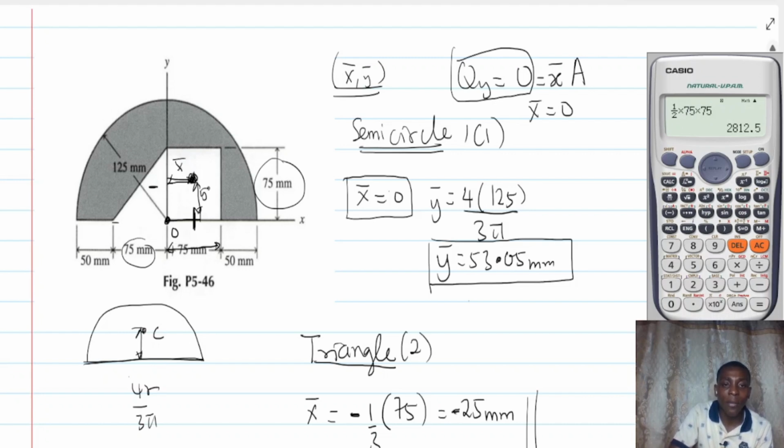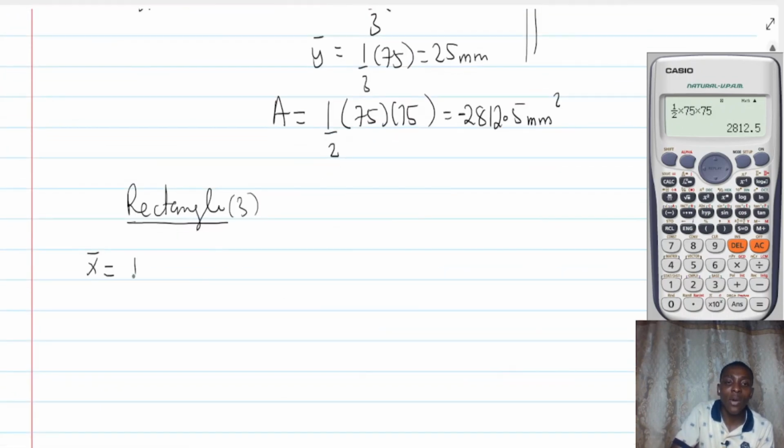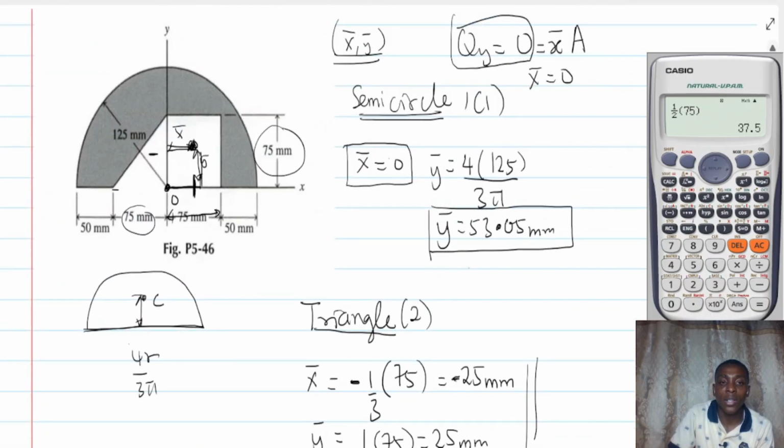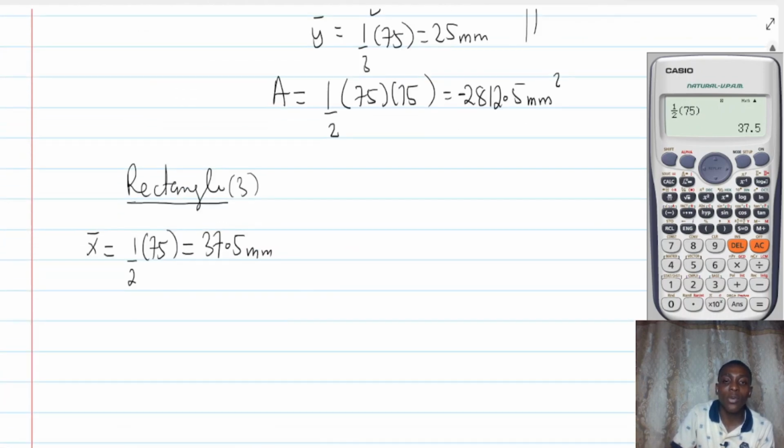So for this one, it's going to be simple. The x bar and the y bar will both be halfway of 75. So that is 1/2 of 75, which is 37.5 millimeters. Since I'm not going in the negative x or negative y direction for the rectangle, everything is going to be positive.